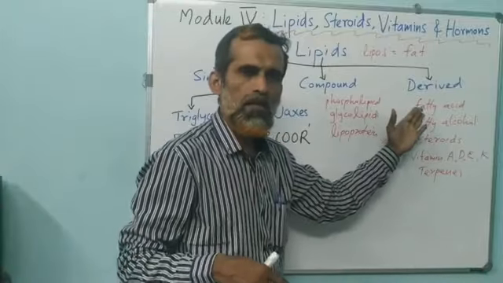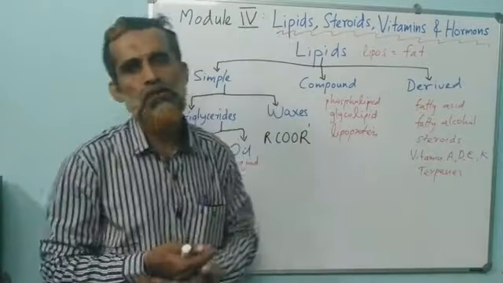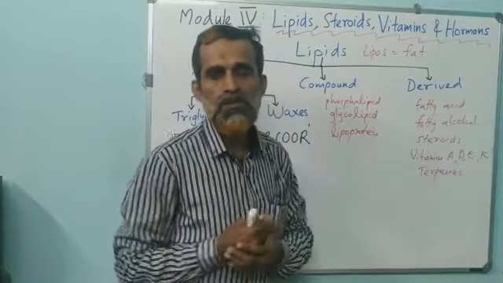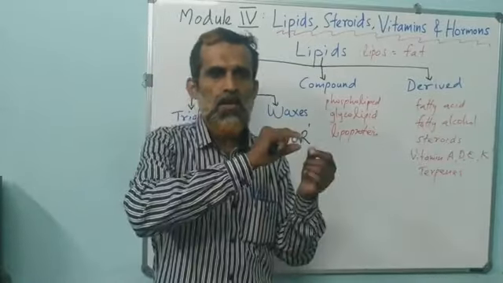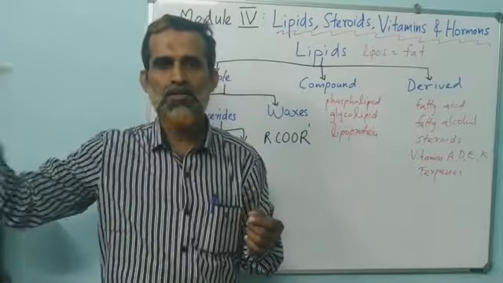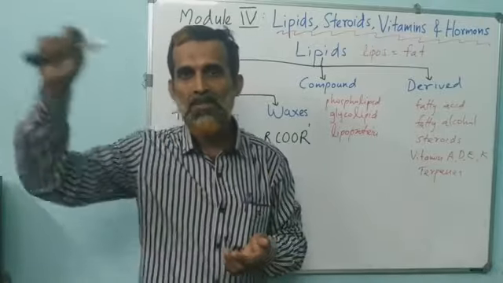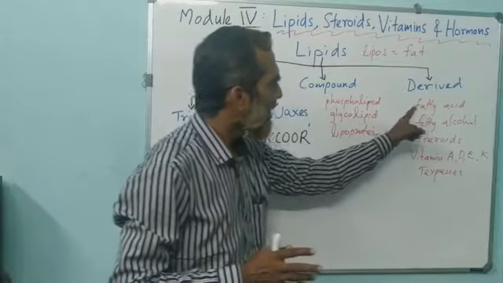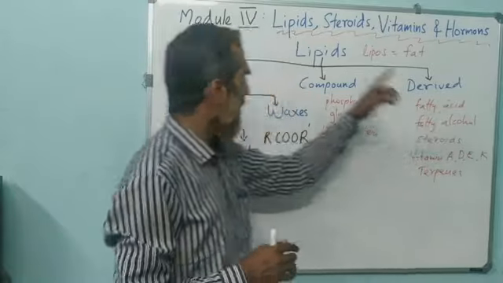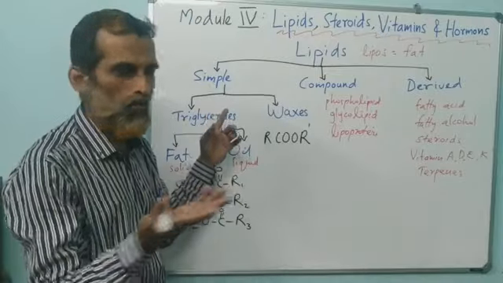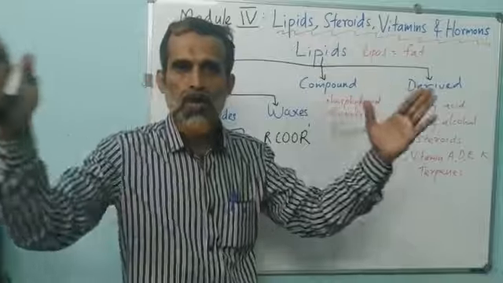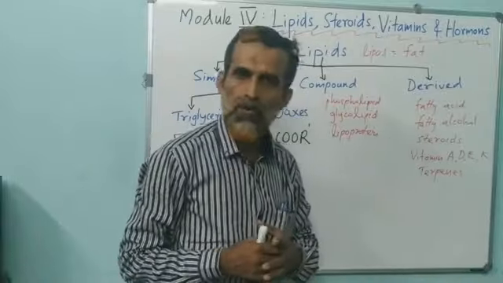It includes many different types of compounds like fatty acid and fatty alcohol, of course. See, fatty indicates long chain hydrocarbon, a long carbon chain which is unbranched. So if you hydrolyze simple lipid, of course you will get fatty acid, that's the carboxylic acid with a long carbon chain, and fatty alcohol will be there.